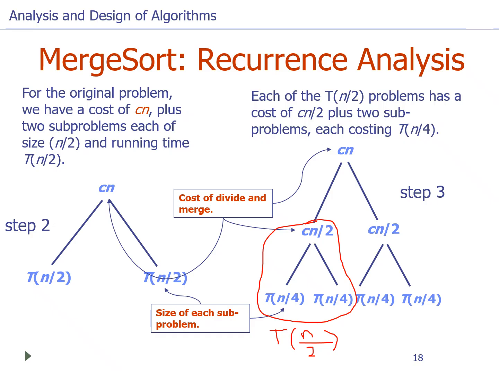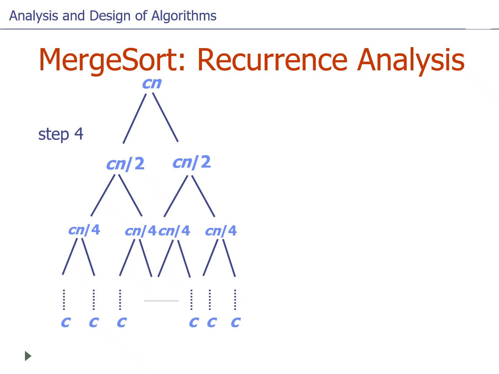So this is now my picture, but I'm not done, because T(n/4) also is a term I don't want to see. I want to just remove it from the tree. And that's what I'm going to do next. I will substitute n/4 into my recurrence.